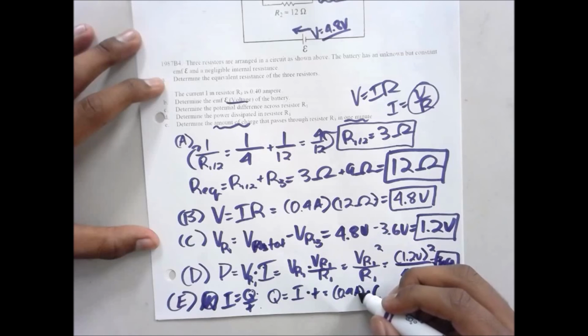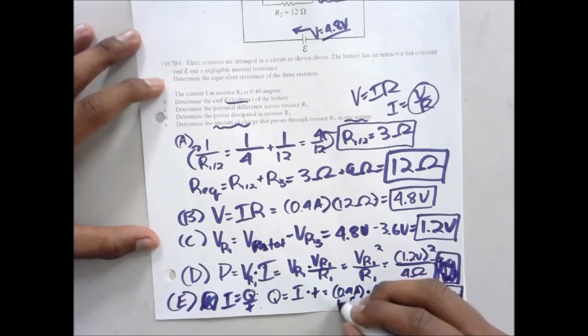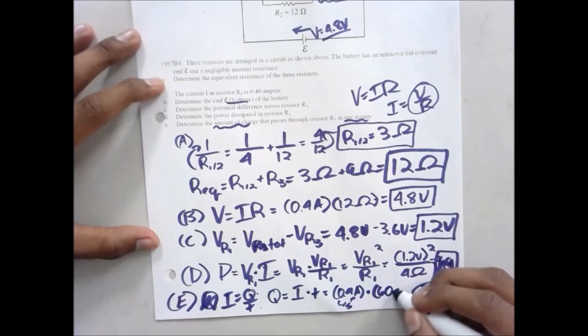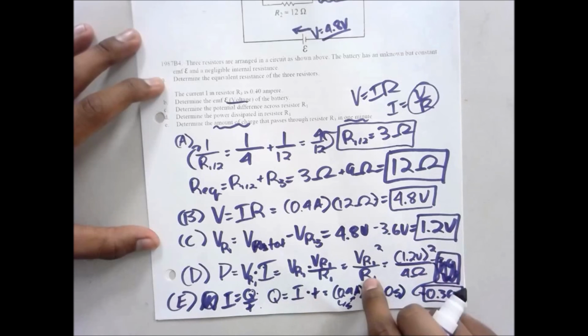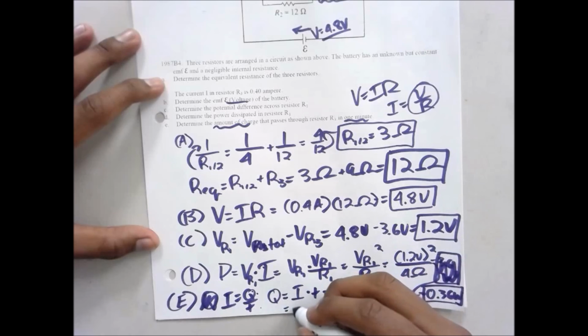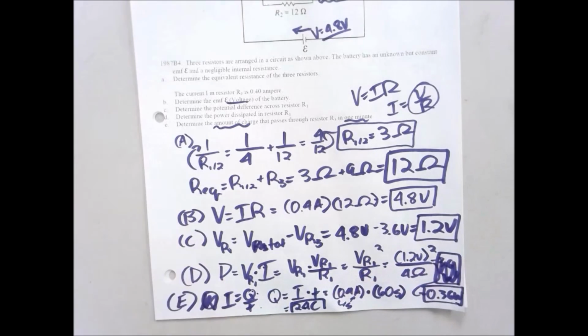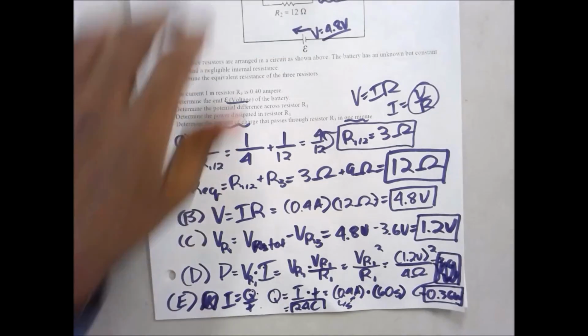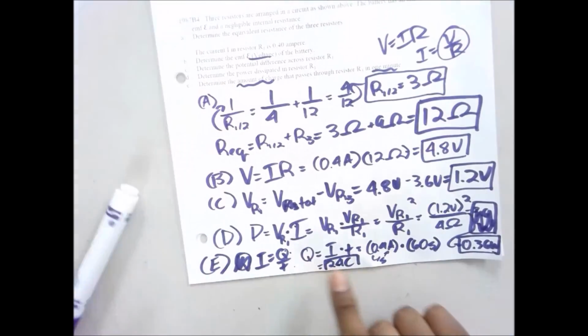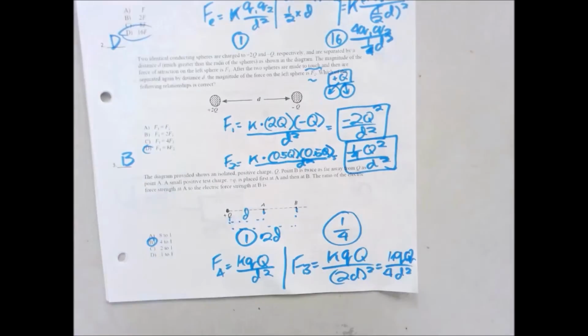Because amps is in coulombs per second, we know that we can put this time in seconds. So 0.4 amps is coulombs per second. So 0.4 times 60 gives us 24 coulombs. So Q is equal to I times T. We got 24 coulombs.